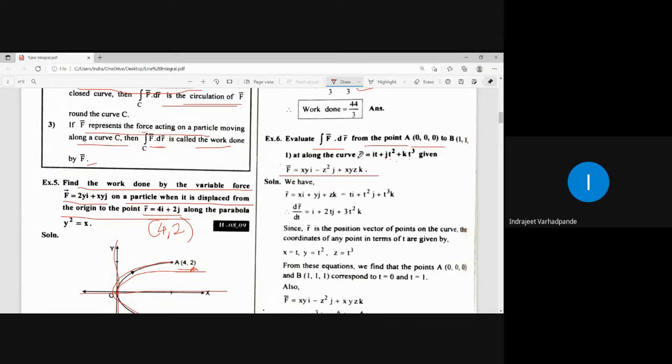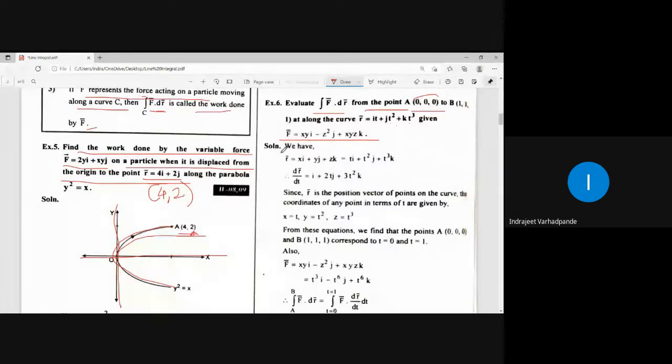Now here if you see, r bar is given to you in the form of parameter t, so I have to convert x, y, z in terms of parameter t, which is moving from the point (0, 0, 0) to (1, 1, 1). We have r bar as xi plus yj plus zk, comparing it with ti plus t square j plus t cube k, I am getting the value of x as t, value of y as t square, value of z as t cube.